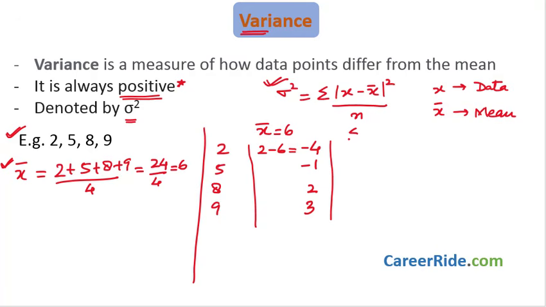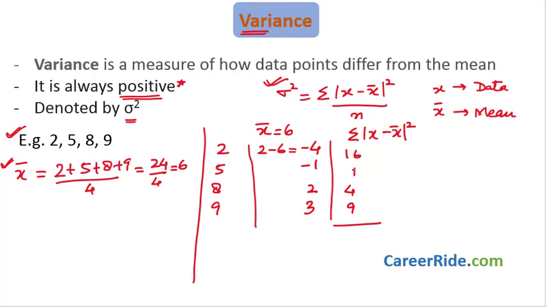Now, sigma x minus x bar whole square. So the next thing is x minus x bar square. Minus 4 square is 16. Minus 1 square is 1. 2 square is 4. 3 square is 9. When I add up everything, I can find the value of sigma x minus x bar whole square.